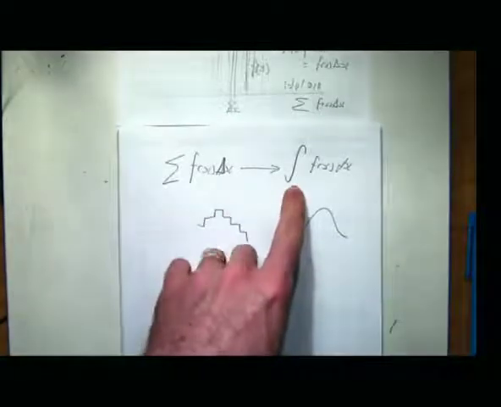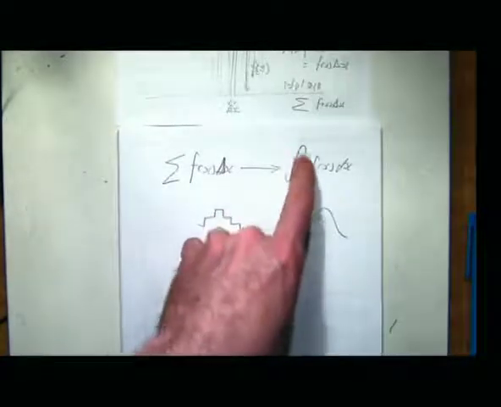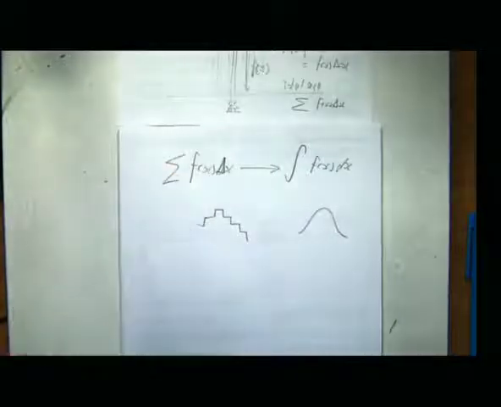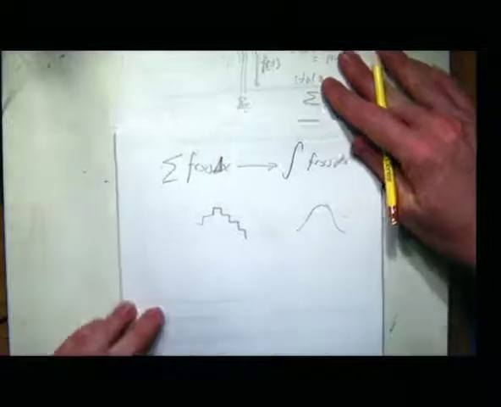So this is a smooth S shape, and this is a kinky S. So that's the philosophy behind it. It's not very important, but it helps me know what's going on.